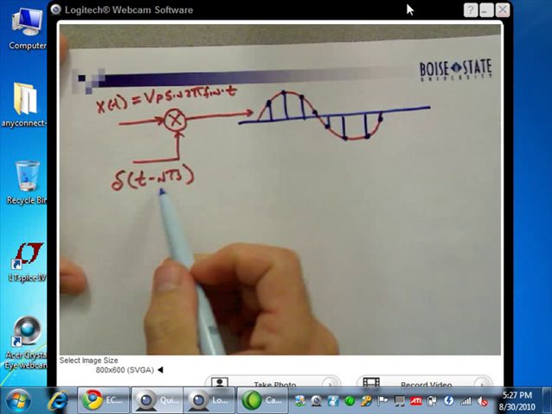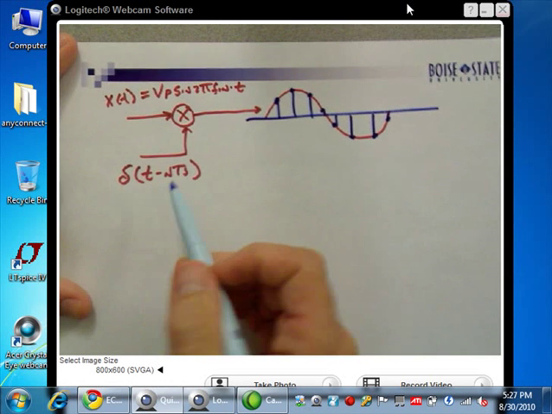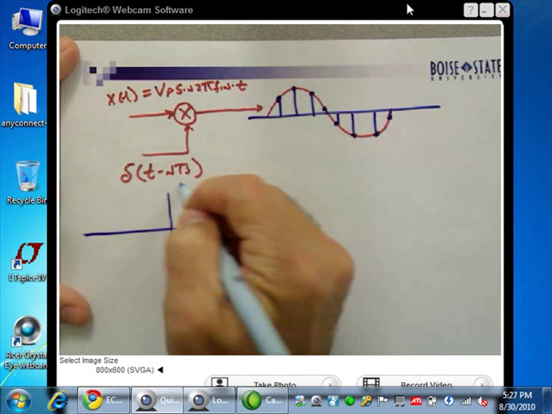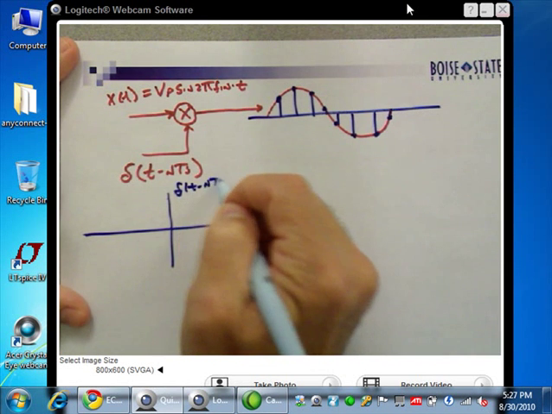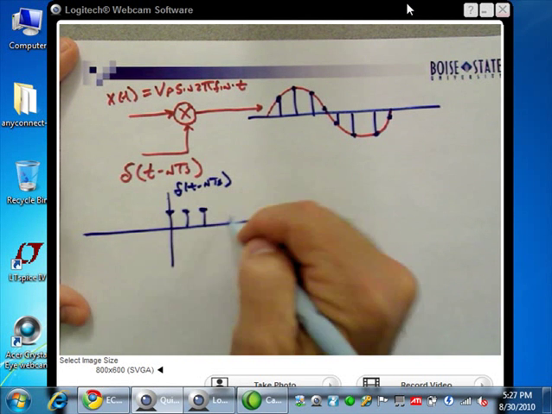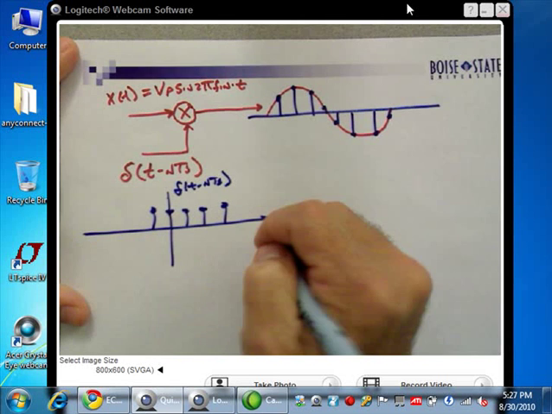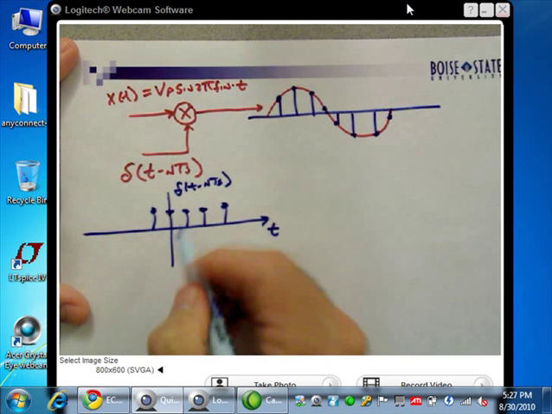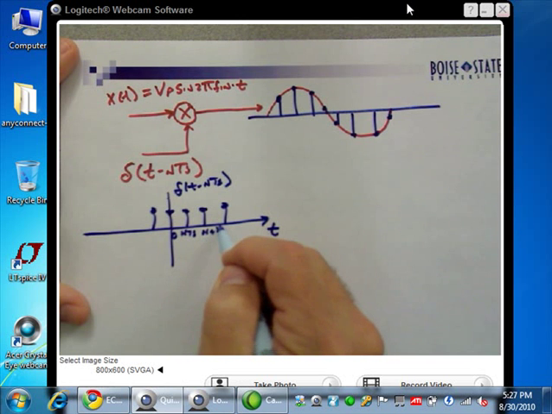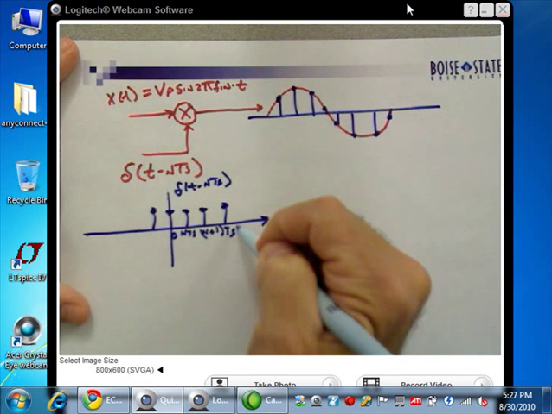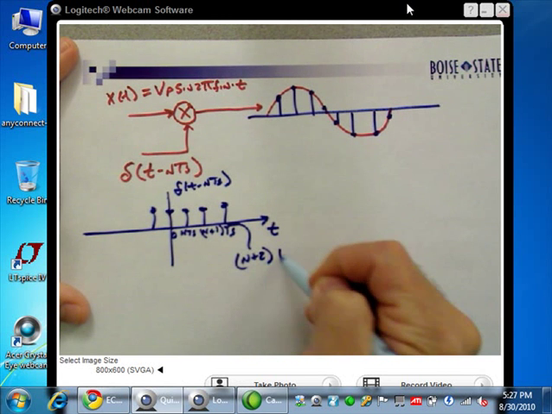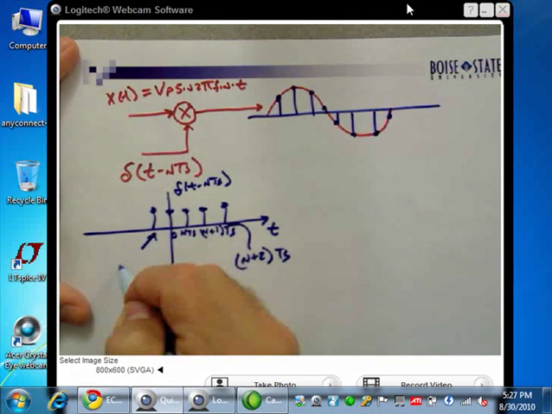So if I want to sketch this in the time domain, what does it look like? This would be time. This would be 0, nTs, (n plus 1)Ts, (n plus 2)Ts.